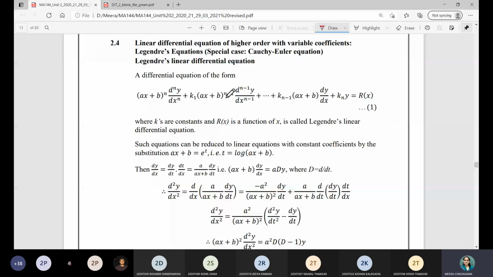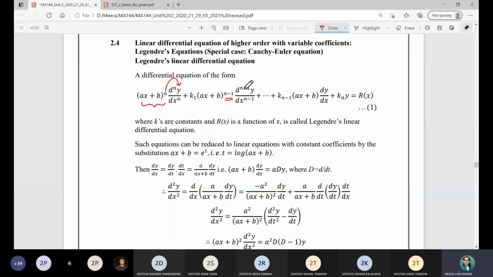This particular case we considered is the Legendre differential equation, in which the power of the polynomial is the same as the order of the differential term. That is, x raised to n occurs with the nth order derivative, then x raised to n minus 1 with the order n minus 1, and so on. This is the standard Legendre's differential equation.